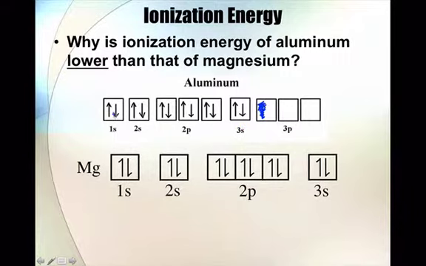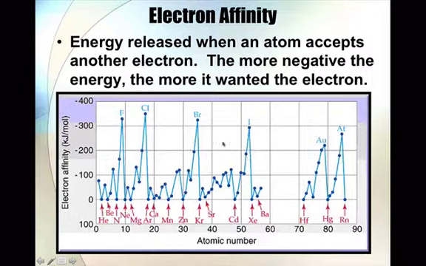When it ends up with full 1s, 2s, 2p, and 3s, that extra electron gone actually makes it more stable. So aluminum will have a lower ionization energy because it kind of wants to get rid of that one electron. So you can use the orbital box diagrams to help you figure out why there are some exceptions as you go across the rows. Electron affinity, I believe, is the last periodic trend we're going to talk about.